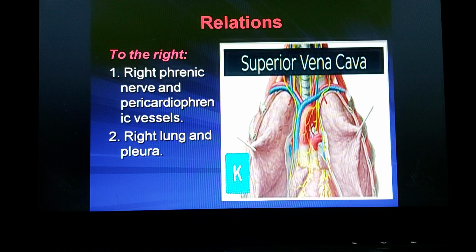The right phrenic nerve and pericardiophrenic vessels, and also the right lung and pleura. So these are the right side relations: the right phrenic nerve and pericardiophrenic vessels, and the right lung and its pleura. So this is about the right side relations.